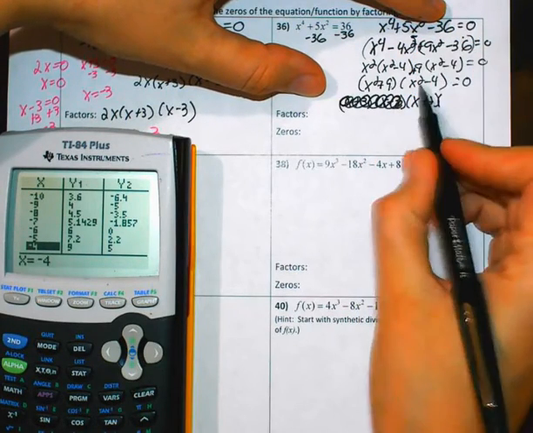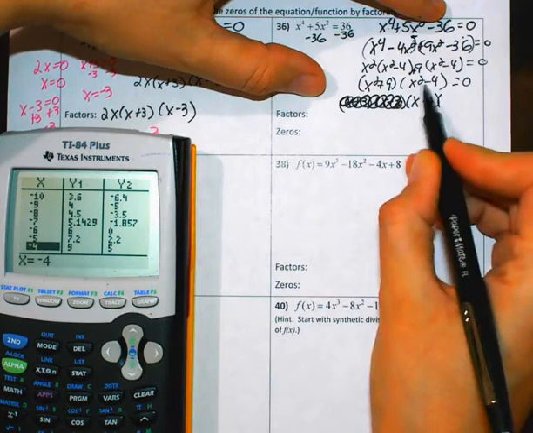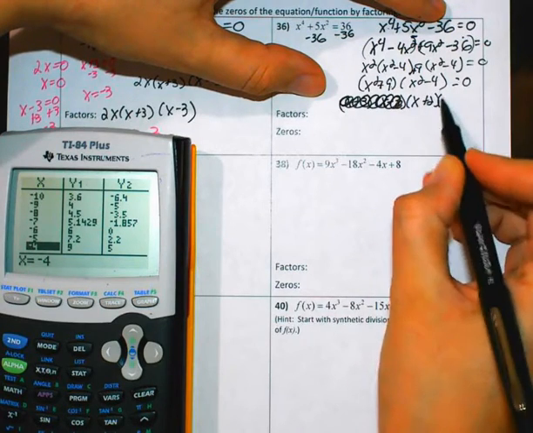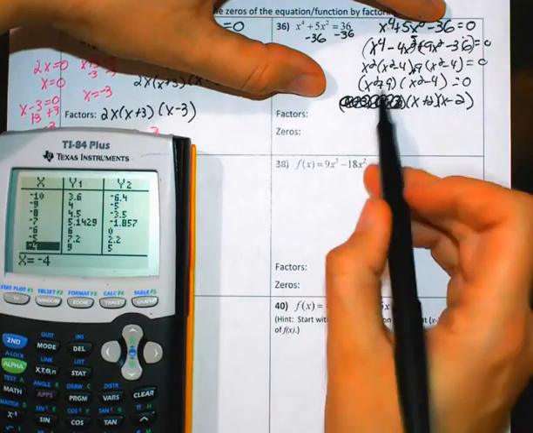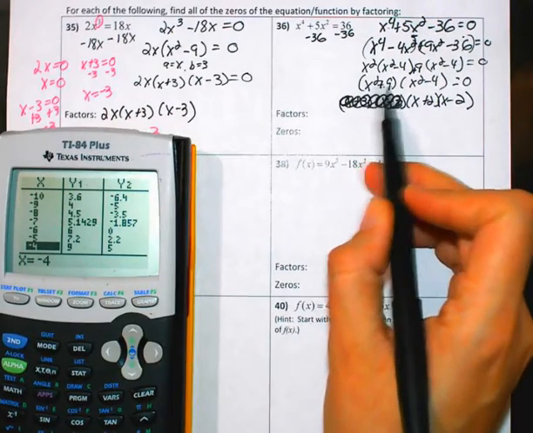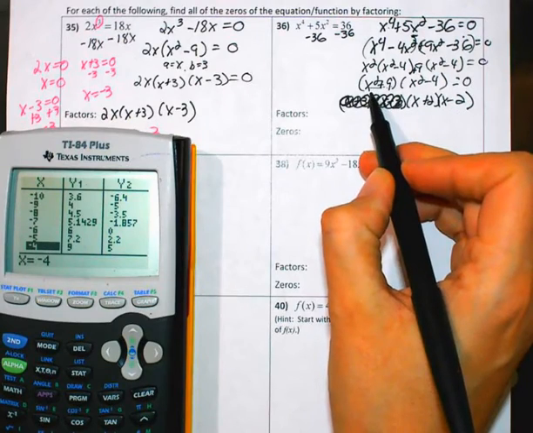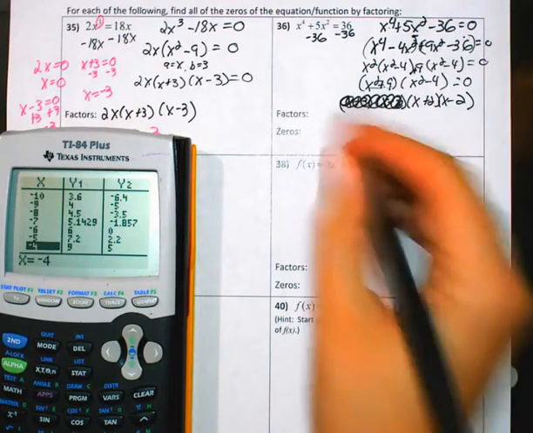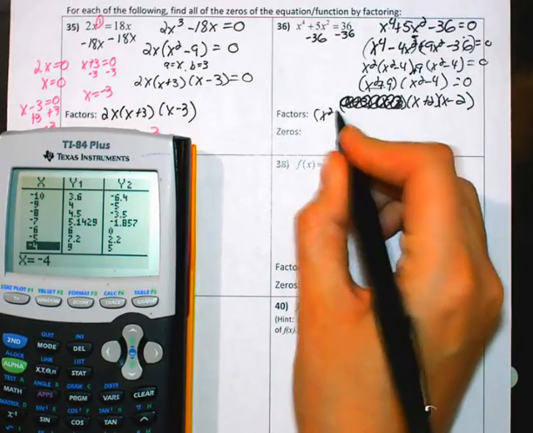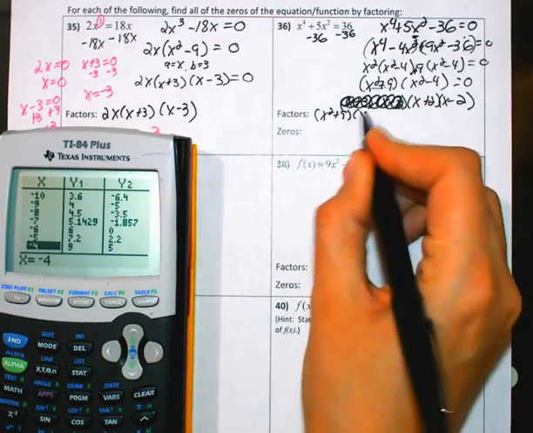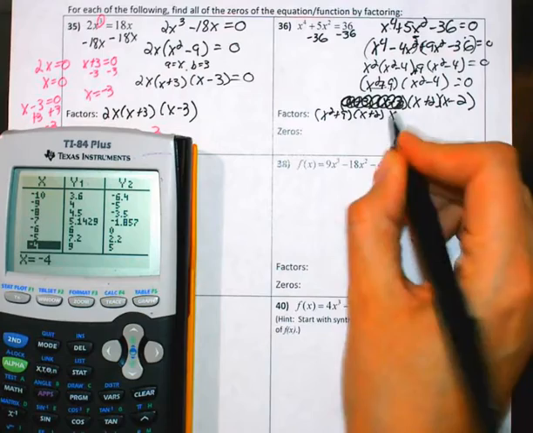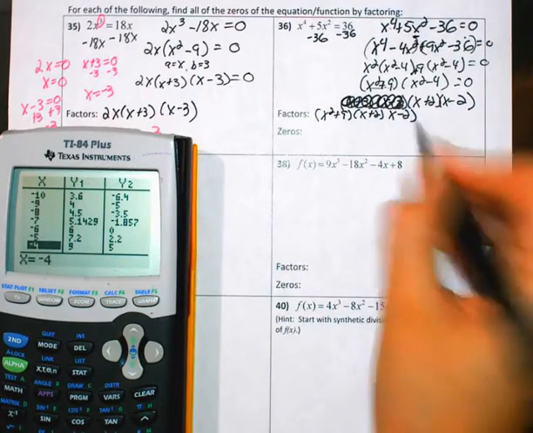So then I notice here that this is the difference of perfect squares. So I'm going to have x plus 2, x minus 2. These are both perfect squares, but this is the sum of perfect squares. So we know that for our factors, there's not anything else I can do for that. So I've got x squared plus 9, x plus 2, x minus 2.